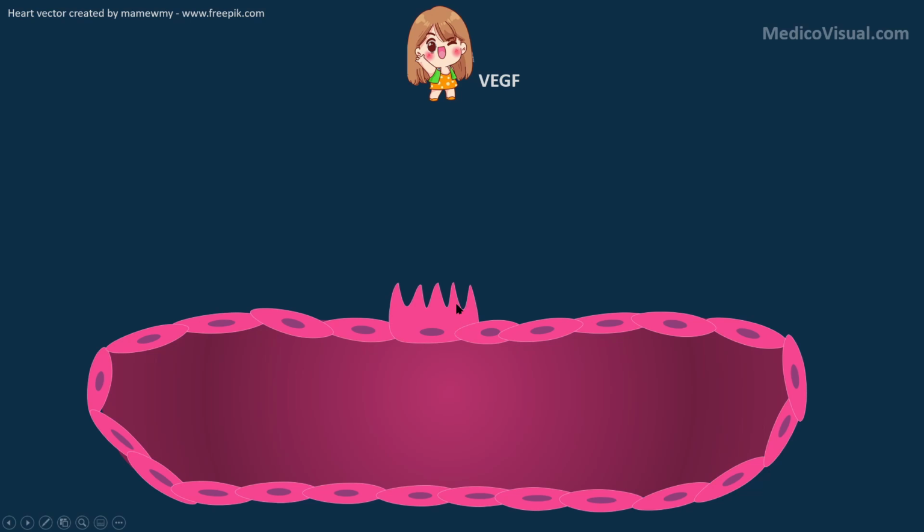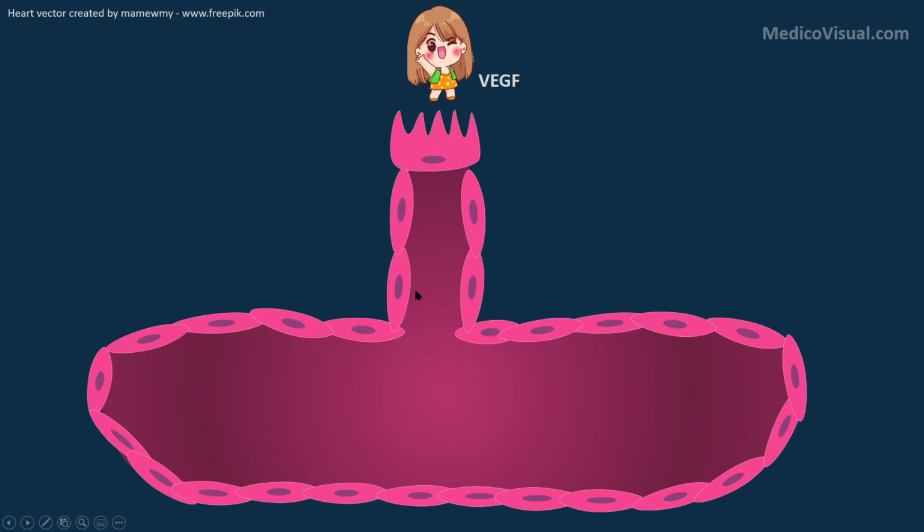And this tip cell starts to move towards this beautiful girl, and as it does so, the cells proliferate behind it, and as a result they form new blood vessels. So a whole new blood vessel is formed at an angle by the movement of the tip cell towards the vascular endothelial growth factor.